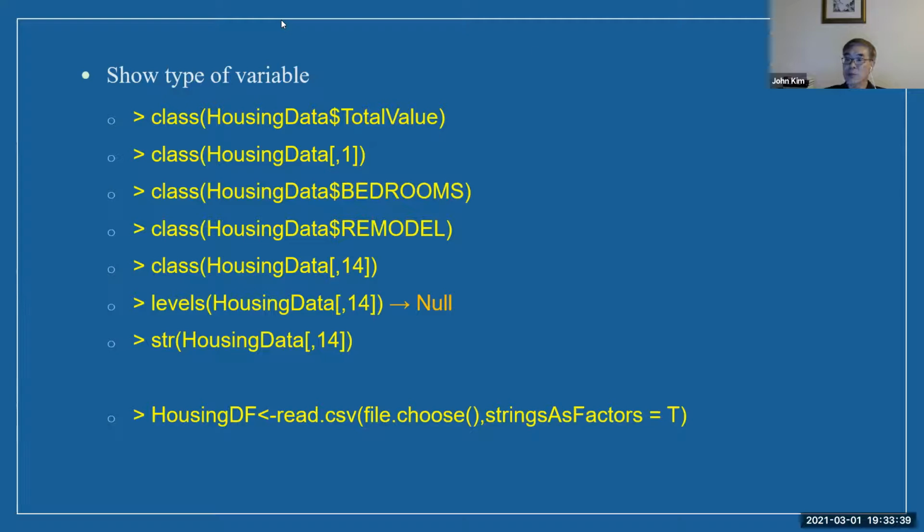Because if we just use the regular read.csv function to bring in the data set, the categorical data strings are not factors. So bring in the categorical data as factors. You may not use this, but I will show you why we use this one.